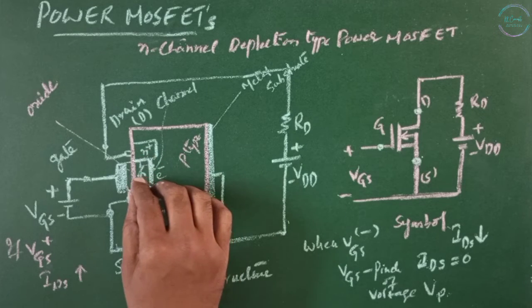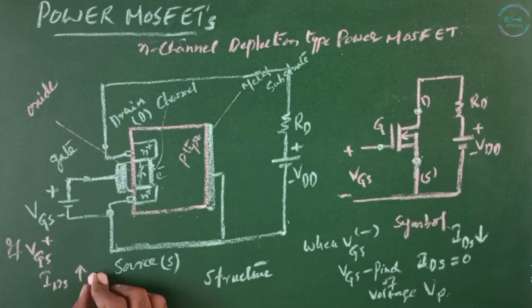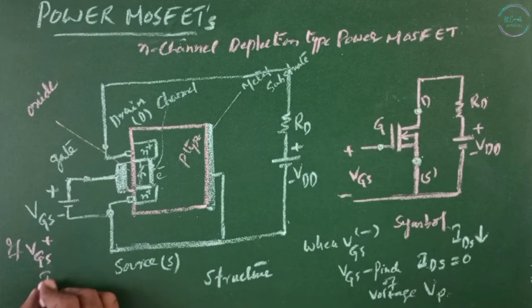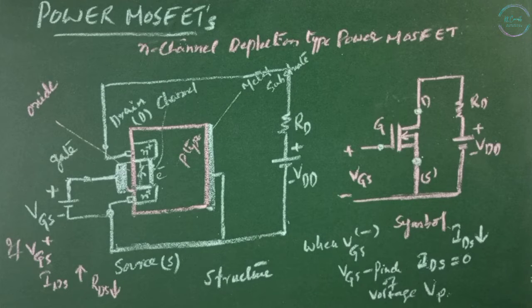The resistance in the channel area, drain and source RDS, is going to decrease. Then IDS starts increasing. This is how the N-channel depletion type power MOSFET works.